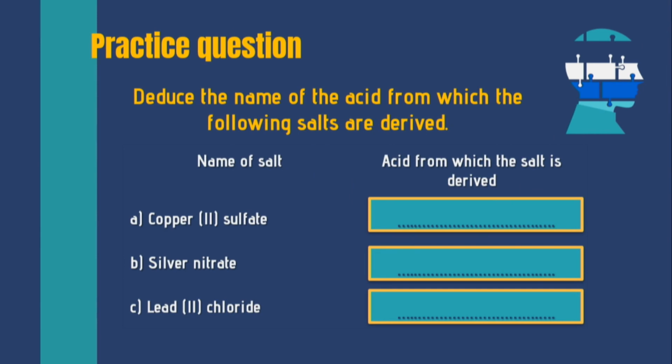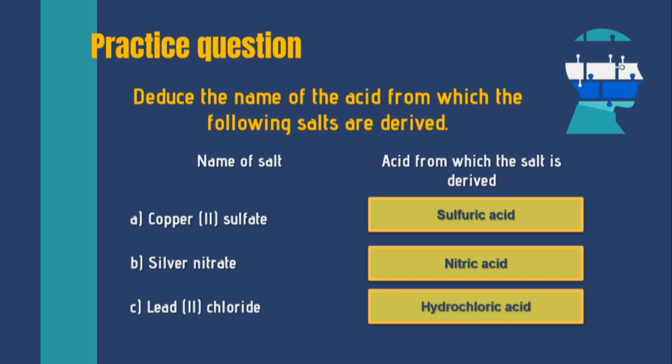Now, try to deduce the name of the acid from which the following salts can be derived. Copper(II) sulfate can be derived from sulfuric acid. Silver nitrate can be derived from nitric acid. Lead(II) chloride can be derived from hydrochloric acid.